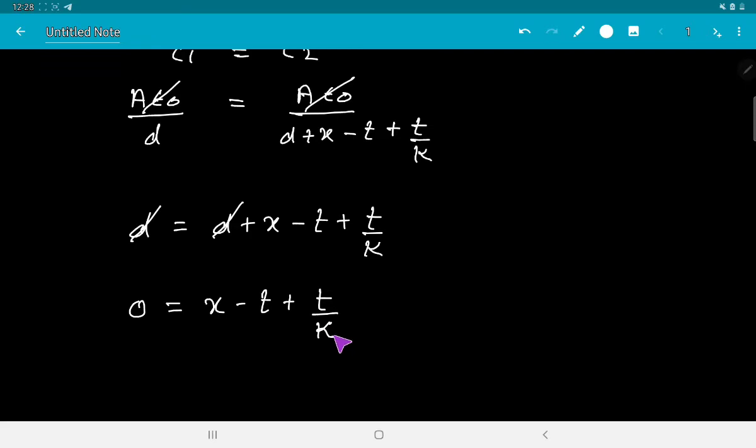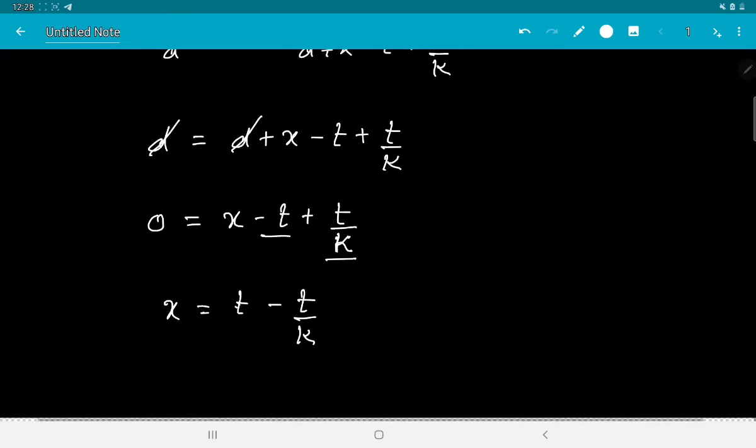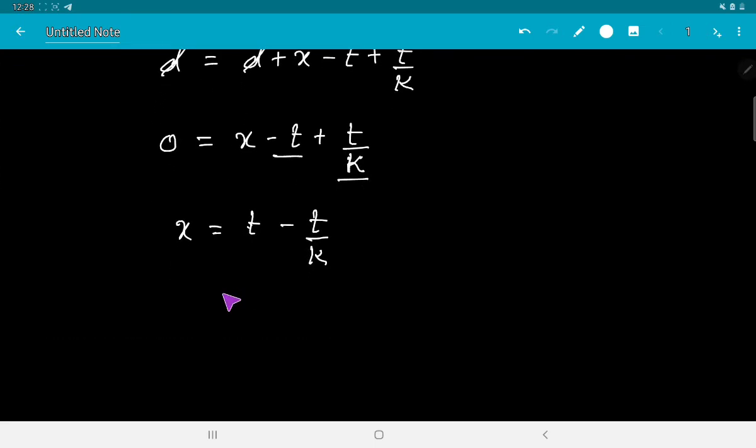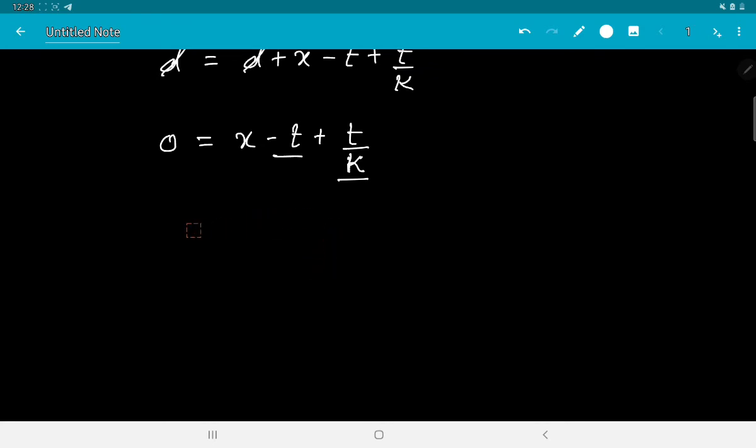We want an equation for K. So now we can write X is equal to T minus T by K. What we want is an equation for K, so we will not take T as common, otherwise we don't get an equation for K. So we will write X plus T on the other side; both will become positive if they are transferred.